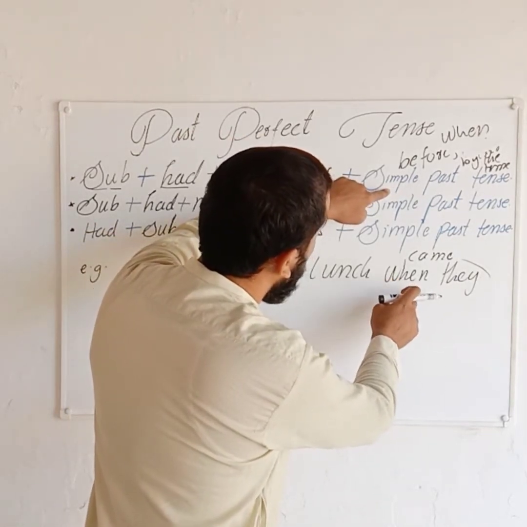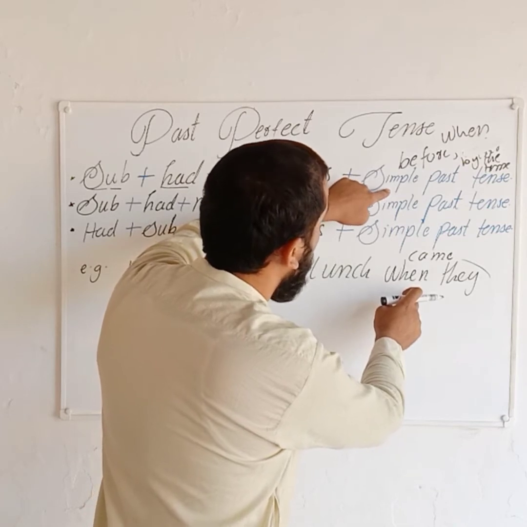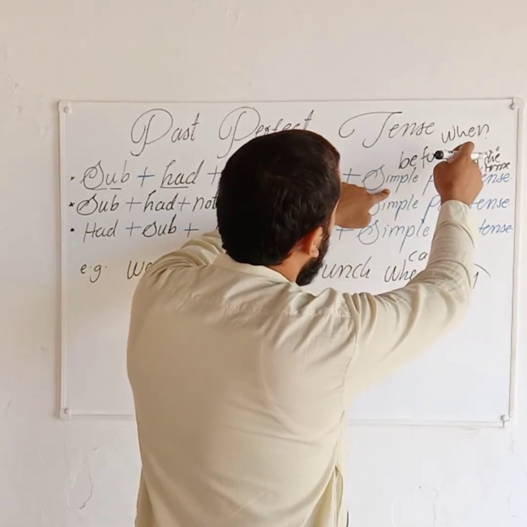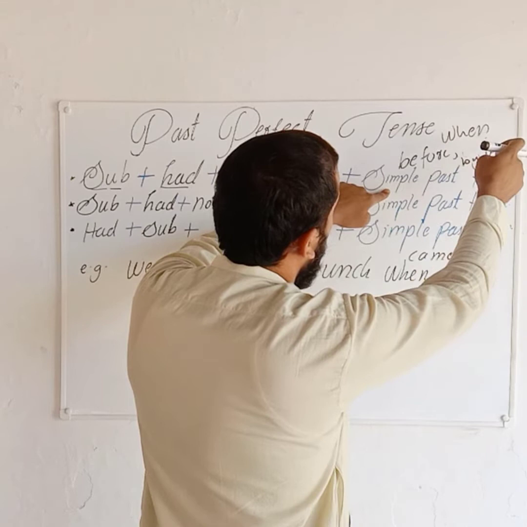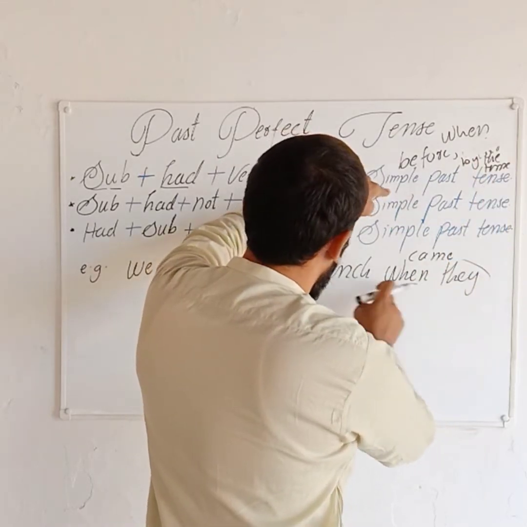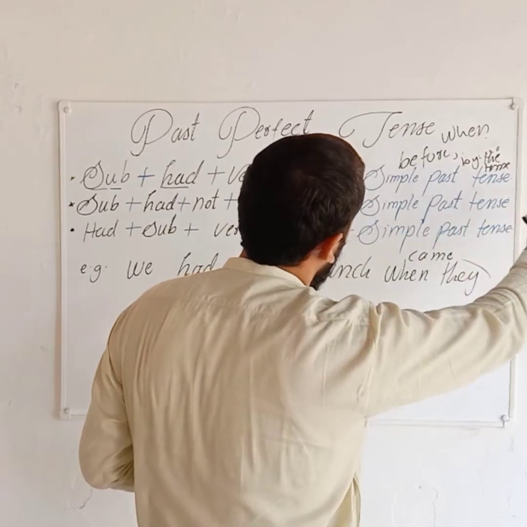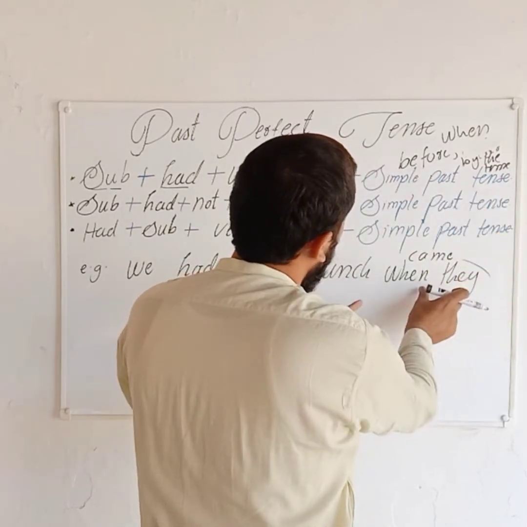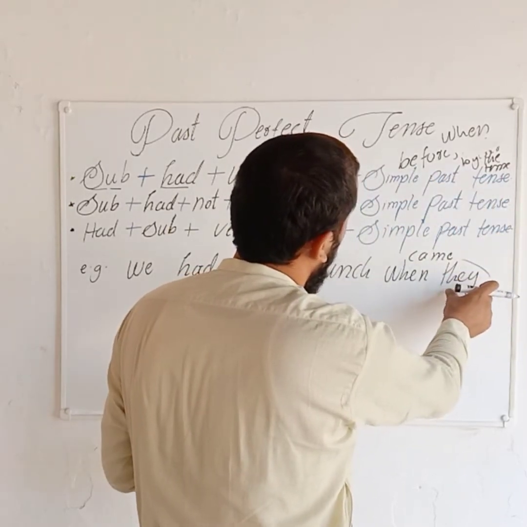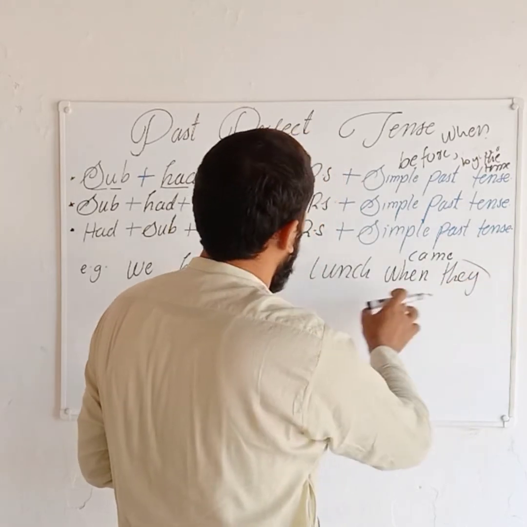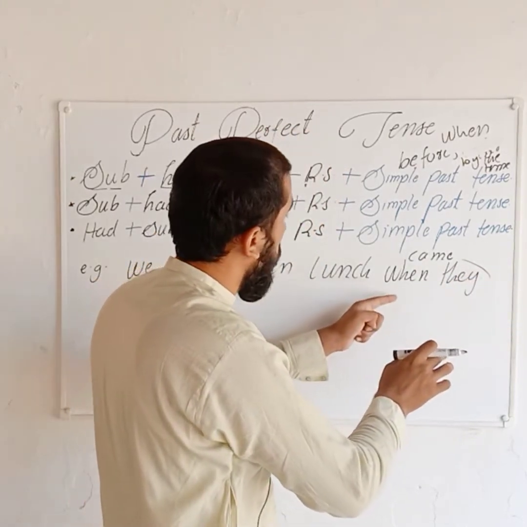As I told you before, the simple past tense should start with one of these subordinate conjunctions. So before, by the time, and when. When they came. They came, subject in simple past tense, second form of verb, and the rest of the sentence. We had eaten lunch when they came.